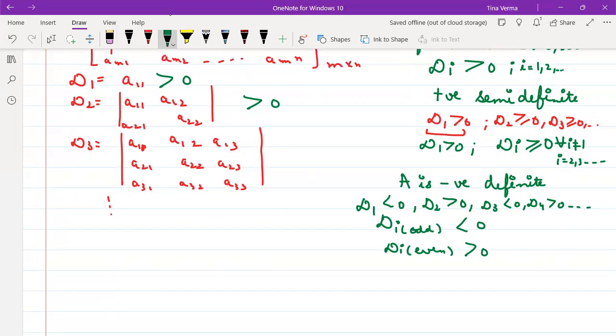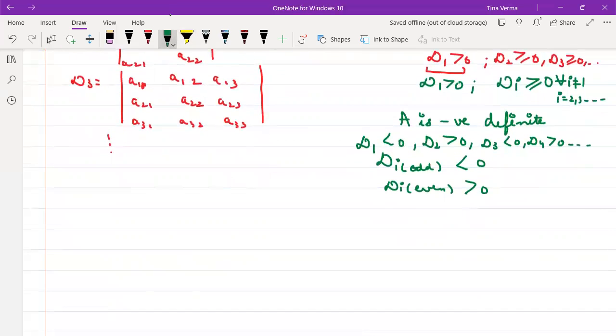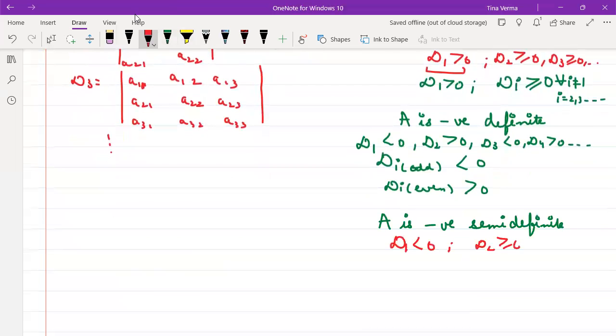Negative semi-definite is the same. A is negative semi-definite when you have the condition only for the first, that D1 should be less than 0, and D2 can be greater than or equal to 0, D3 can be less than or equal to 0, D4 can be greater than or equal to 0, and so on.